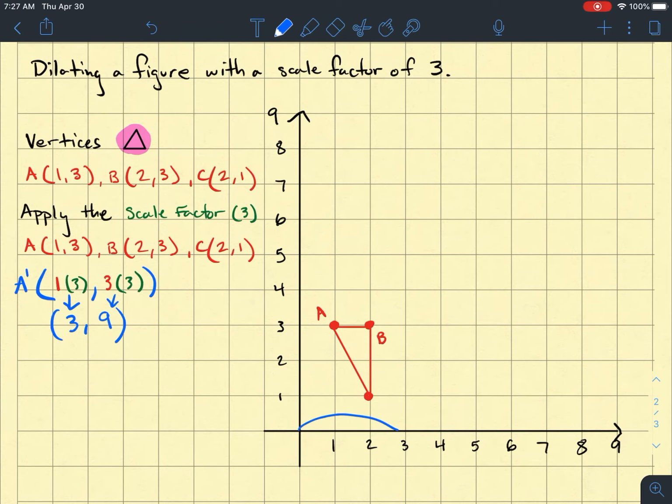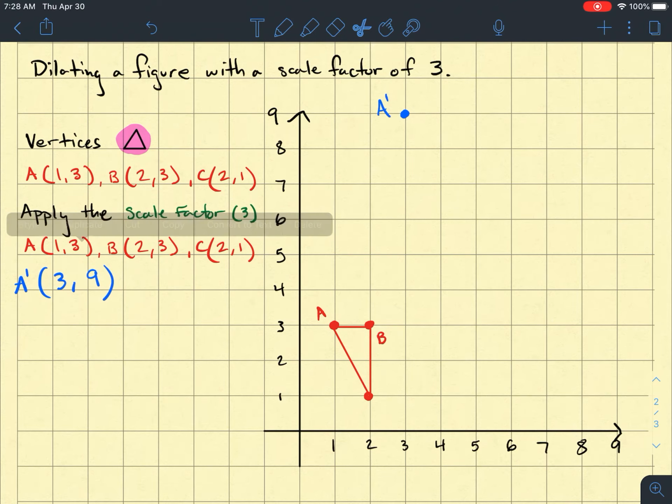It's at 3 and 9, which is all the way up there. So that's your new A, A prime. Okay, I'm going to erase these and move this up.